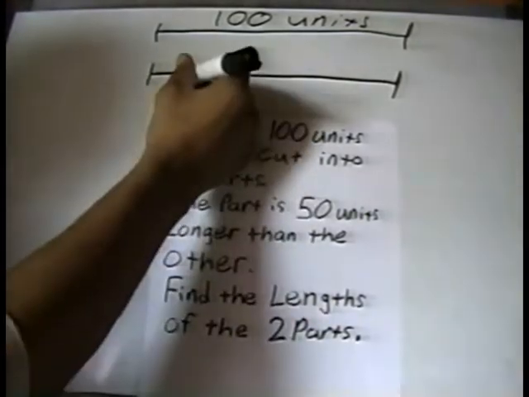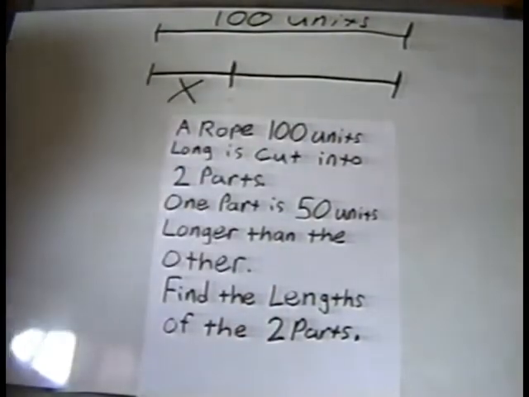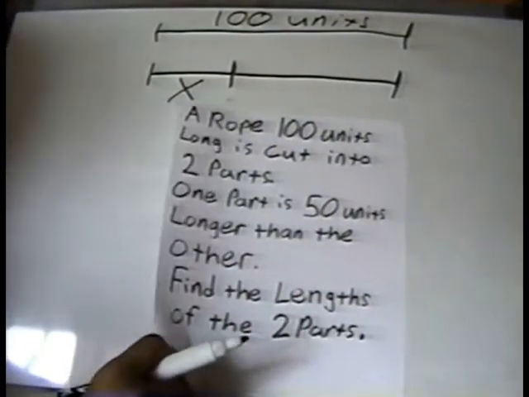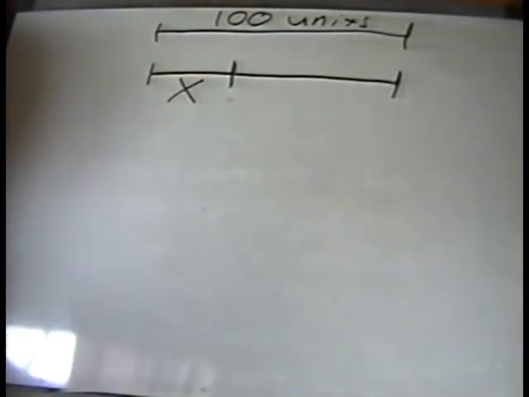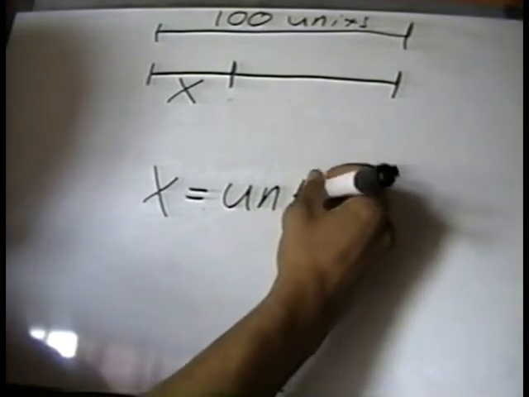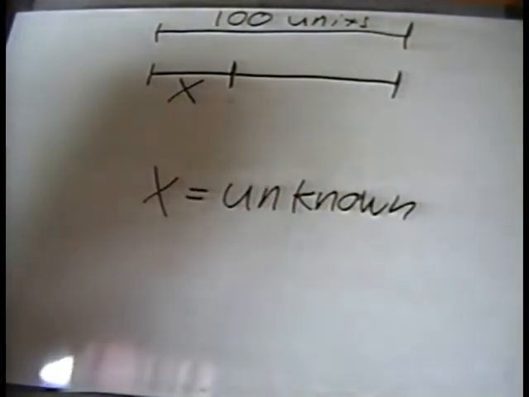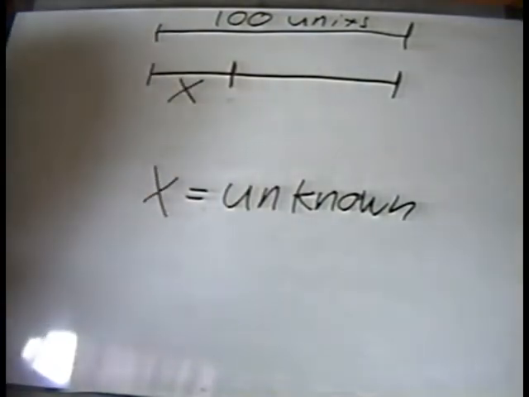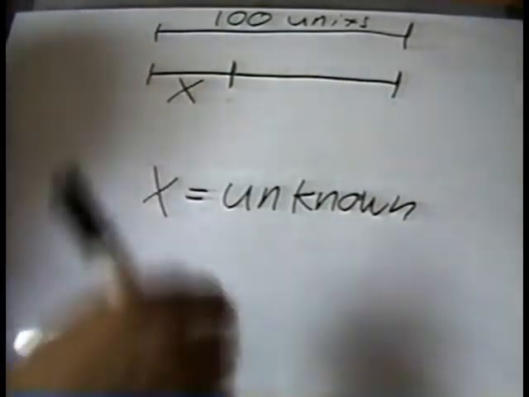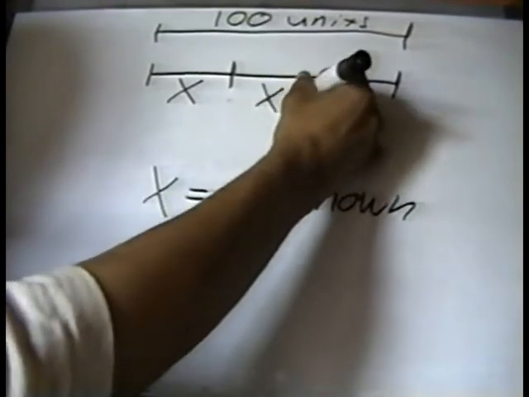Now they say one part is 50 units longer than the other. So the longer part is the one that we know. We know it's 50 units longer than the other. But we don't know the other part. So this represents the unknown. Okay, so we represent the unknown with an X, the unknown.